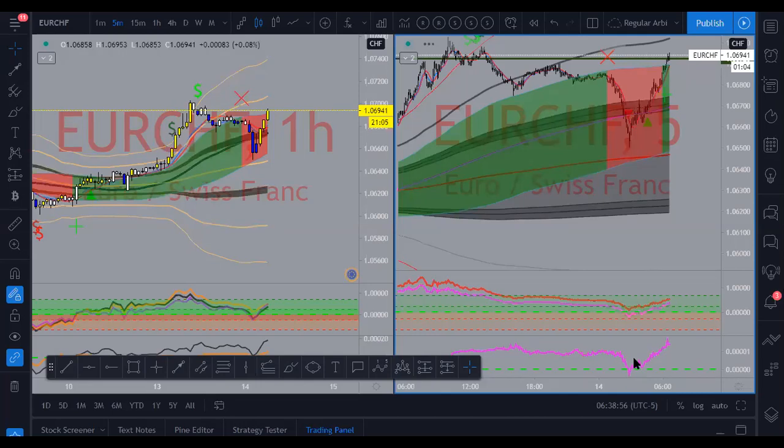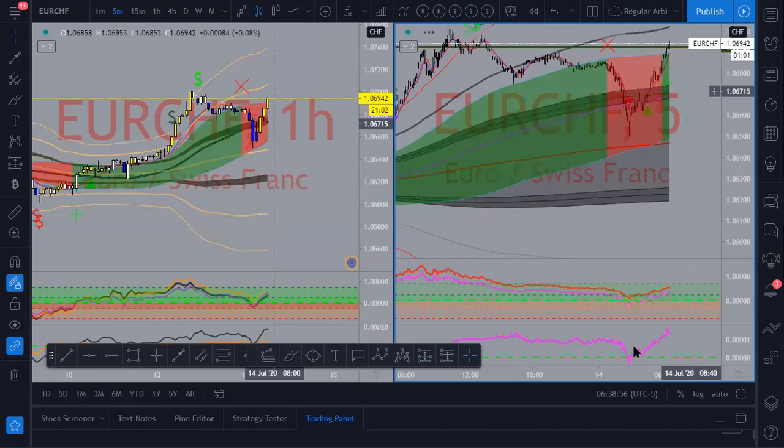Is there a reason why nothing's popping up? Why is it still loading? Yeah, TradingView is definitely having some issues.